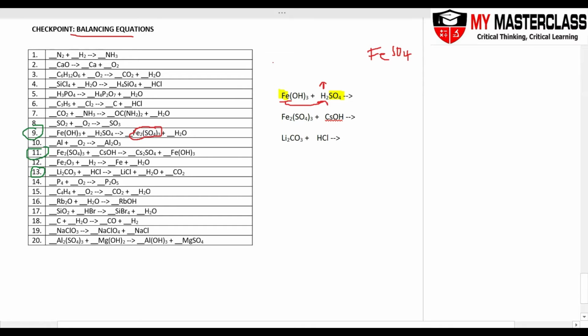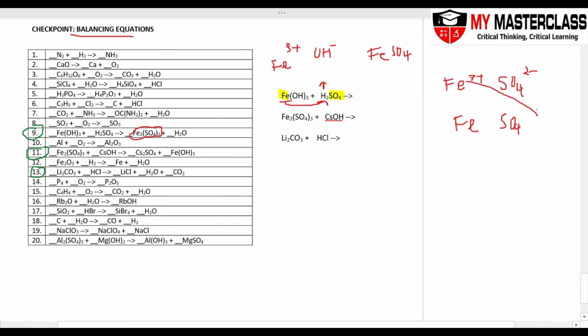My iron is Fe 3 plus, OH minus, then you can get Fe(OH)3. And then SO4 is 2 minus from your memory work. So Fe 3 plus, SO4 2 minus. What's your formula? Bring down the element.